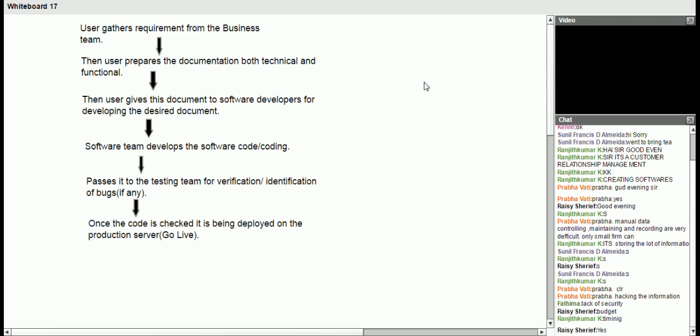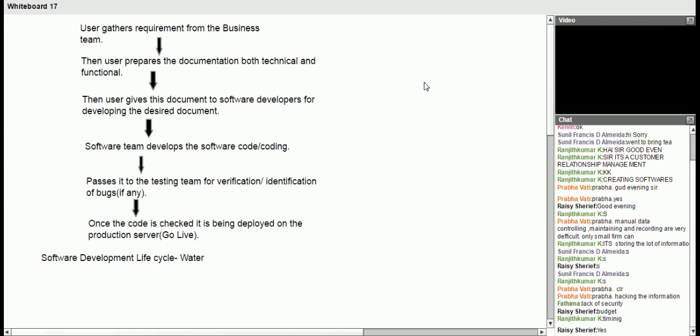This is a normal practice, and for this we follow a lot of standard models which we call the software development life cycle. I hope that you have heard this name. For example, there are some specific key models.